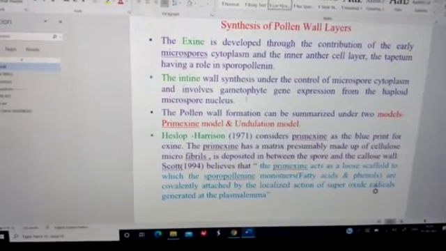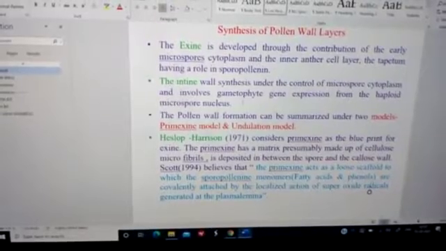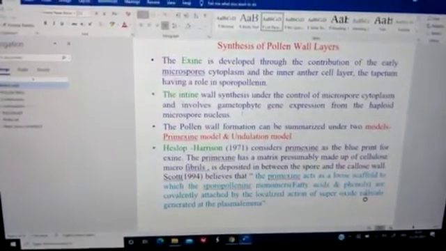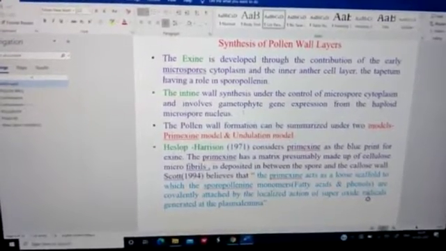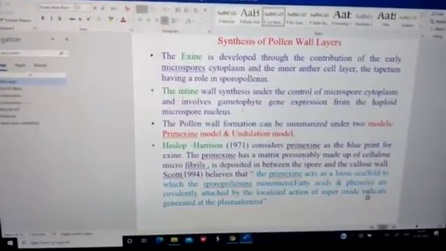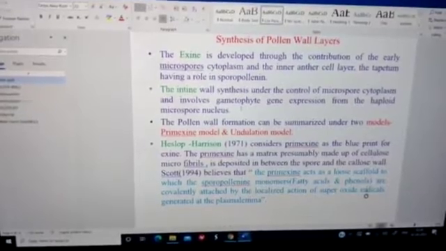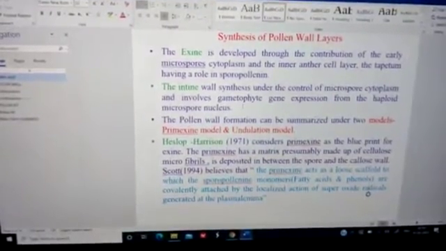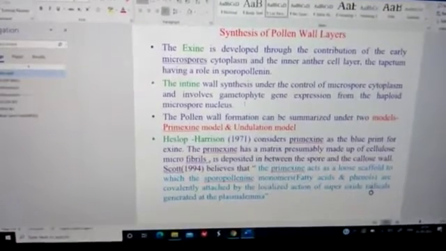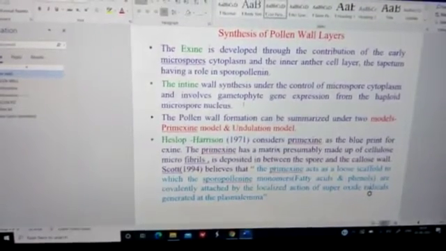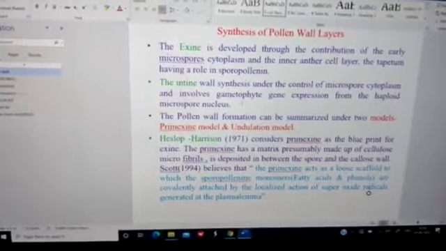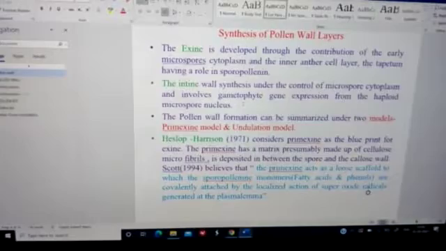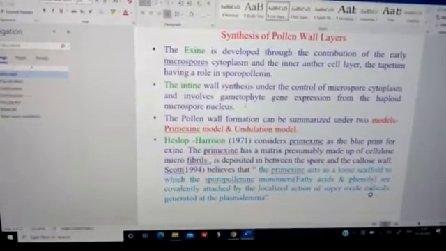He considered the primexine as a blueprint for the formation of the exine, meaning a rough copy which leads to the final, full-fledged formation of the exine. It is a matrix presumably made up of cellulose microfibrils, deposited between the spore and the callose wall.